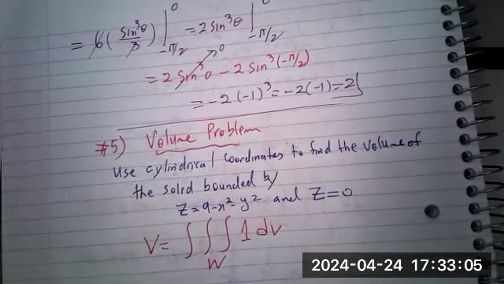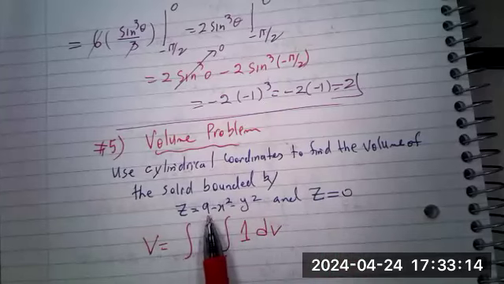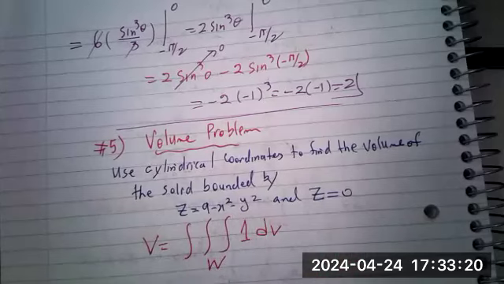So what you have to do is find the limits for z. If you have 2 z values, one of them is 0, the other one is 9 minus x squared minus y squared. So that's the range for z, from 0 to 9 minus x squared minus y squared. You have to write it down in xyz coordinates first, then change it.